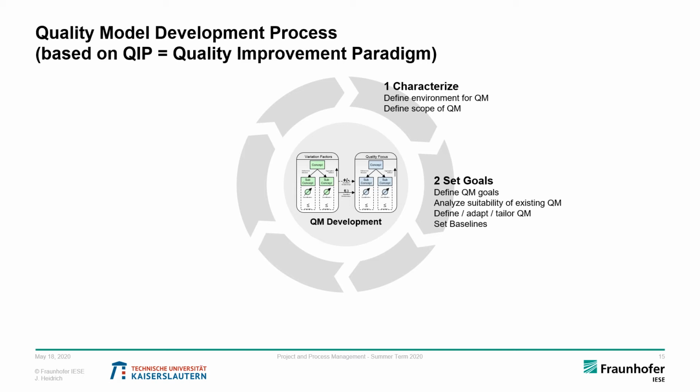And then from that, we can define, adapt, and tailor the quality model to our needs. So regarding the ISO 25010, as I have said earlier, we need to think about what metrics we can, for instance, use for measuring the different quality aspects that we want to consider. And then we need to define and set the baselines for our model.